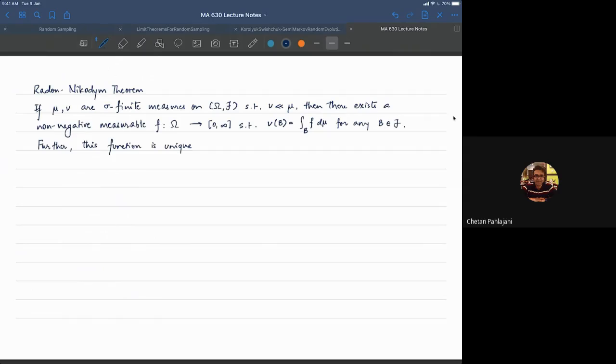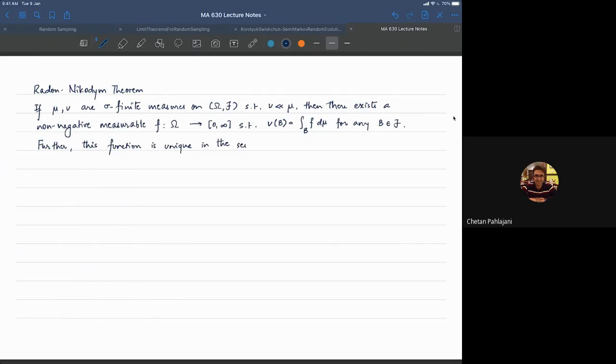When you've learned measure theory, you have been trained to say that if two things are equal almost everywhere, then maybe I should think of them as the same object. So here, when I say this function is unique, I do not mean that if f and g both satisfy this, then f and g will always be the same. No, what I'm saying is that if g is another function which has these properties, then f and g must be equal almost everywhere.